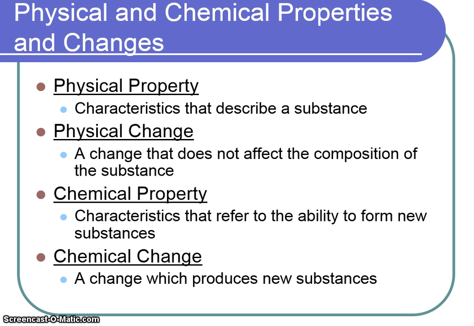There were some physical changes with the wax melting, but ultimately we had a chemical change because that wax vapor burned away. I couldn't recollect the smoke and whatever and reform a candle from the things that were being emitted into the classroom. And so we will do a lab that will illustrate physical and chemical properties and changes, but those are your definitions so that you have them in your notes.